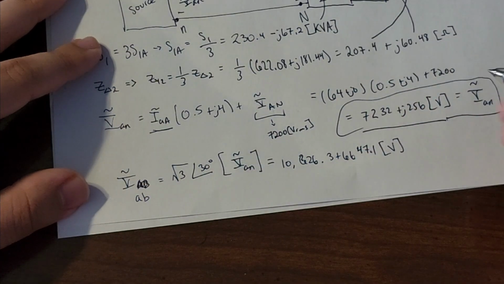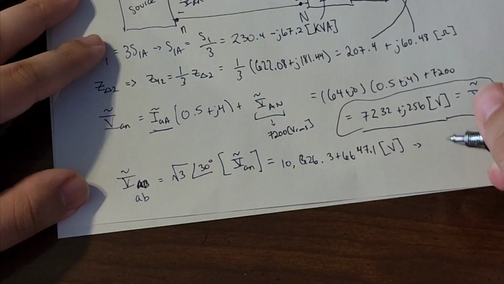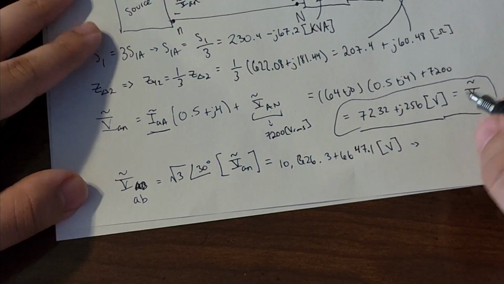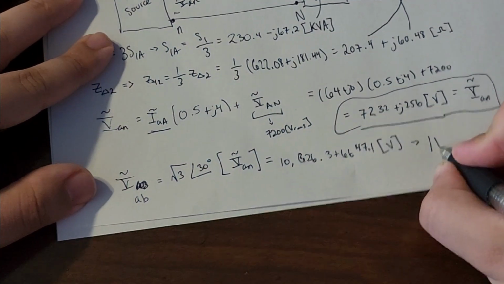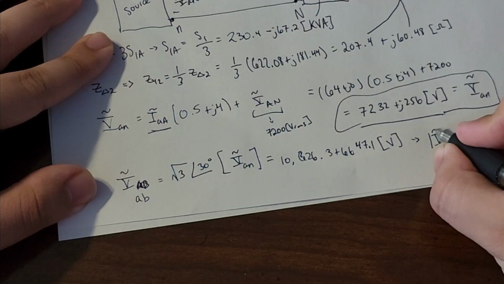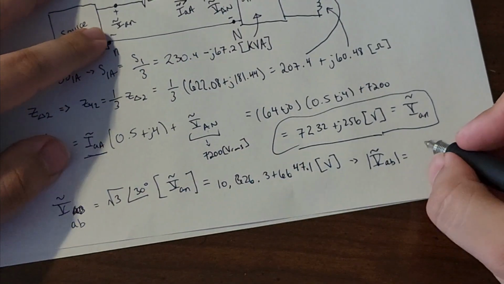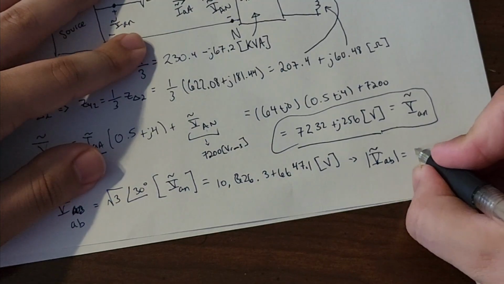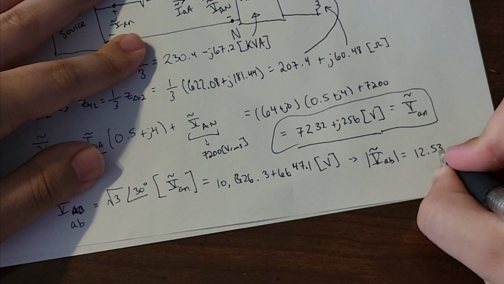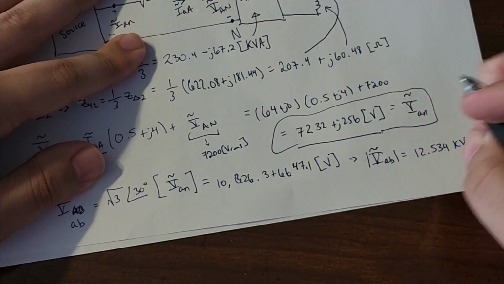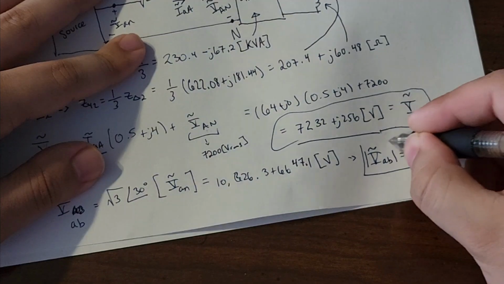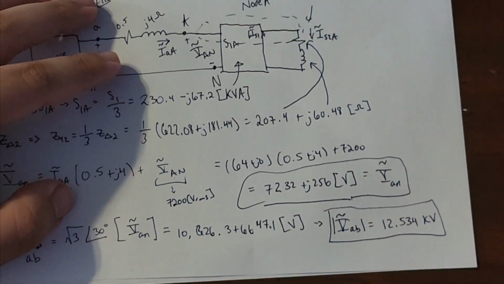It's asking for the magnitude. So essentially you take the square root of the sum of the squares. What we end up getting is the magnitude of the line voltage at the source is equal to 12,534 volts, or 12.534 kilovolts. And that's what I get.